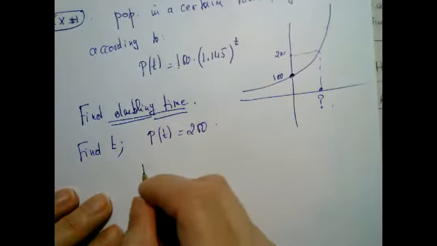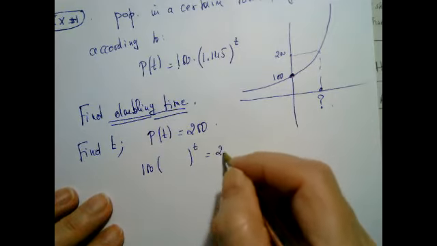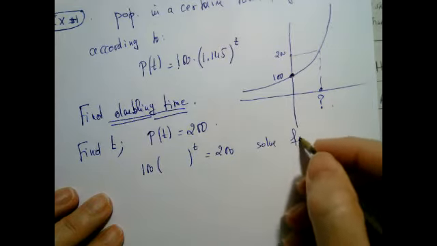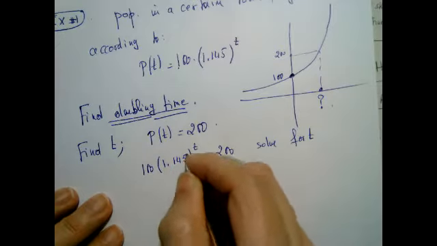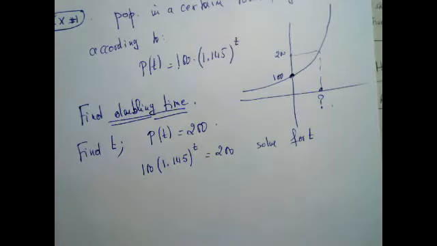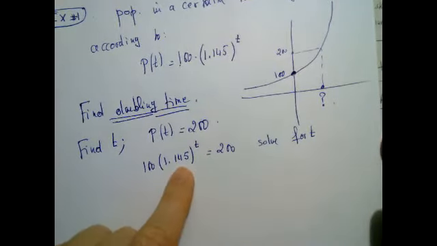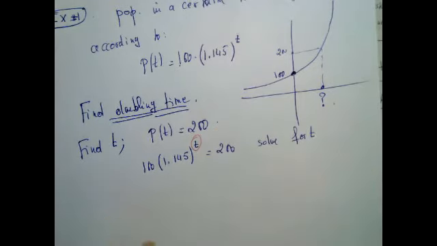I set the population equal to 200 and solve for t. So this is 100 times 1.0145 to the power t. Okay. Back to a simple problem where I have an equation where the unknown is the power t and I need to solve for it.